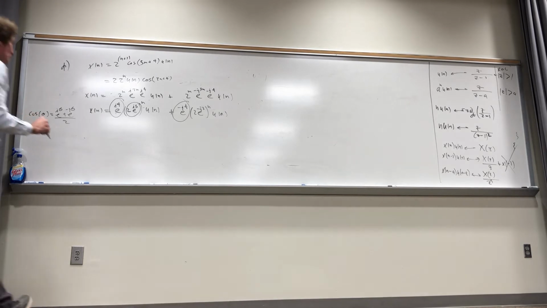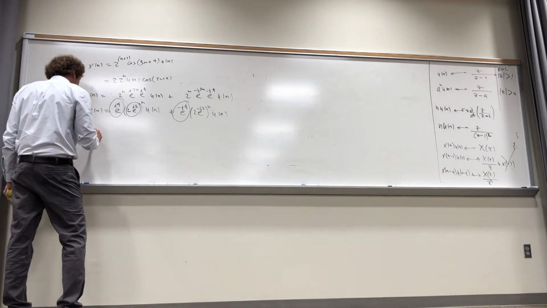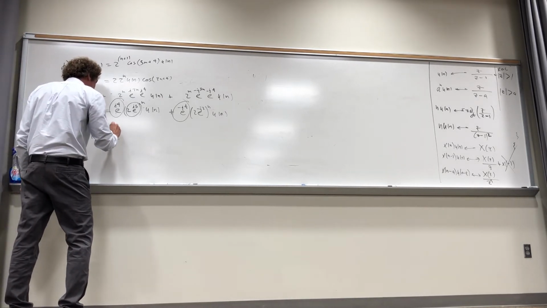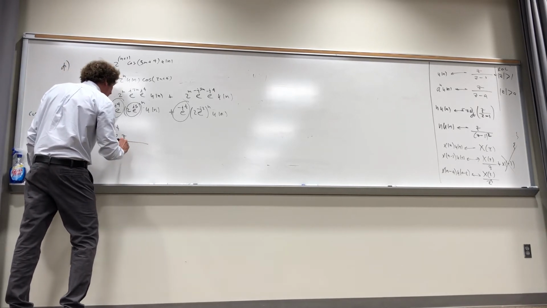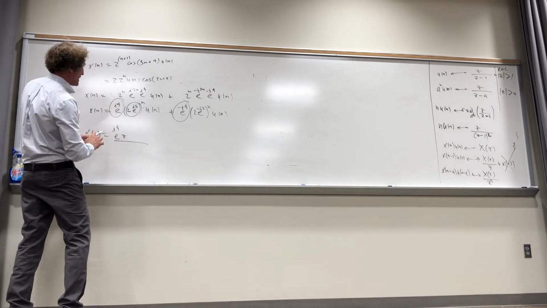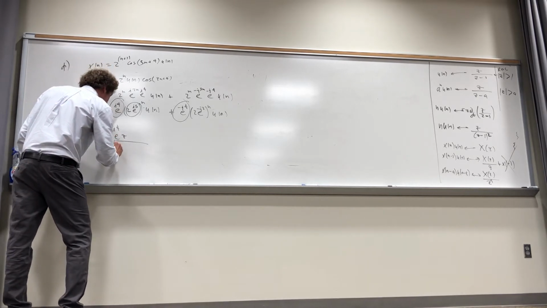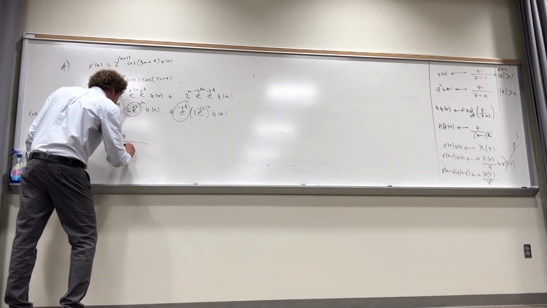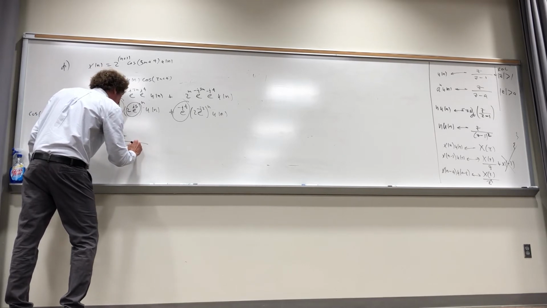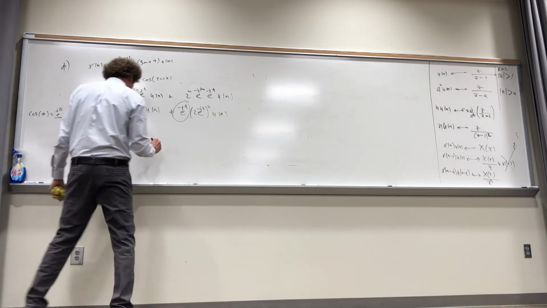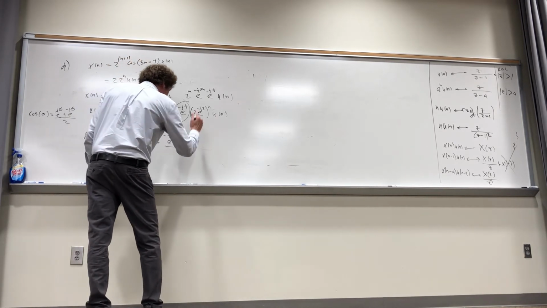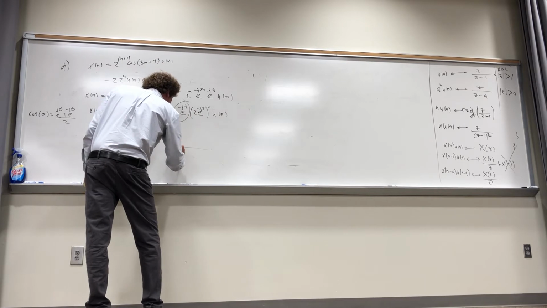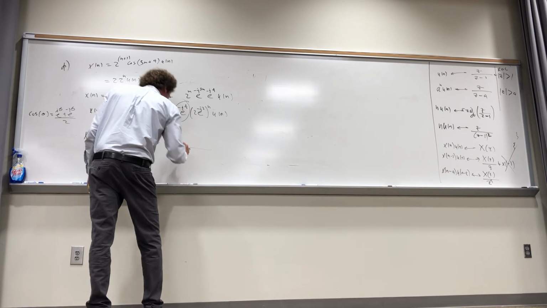Therefore, this transform becomes my x of z equals e to the j4 times z over z minus 2 e to the j3, plus e to the minus j4 times z over z minus 2 e to the minus j3.